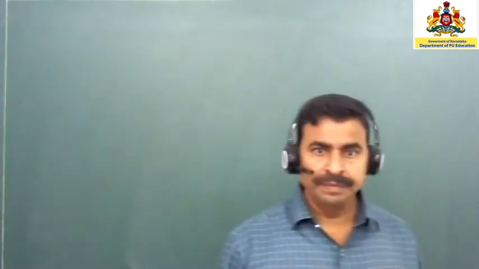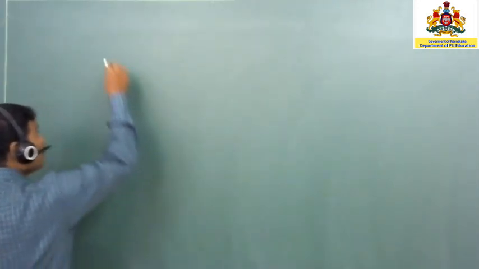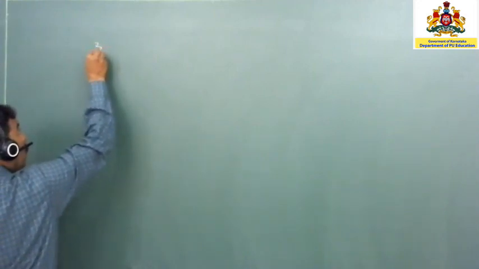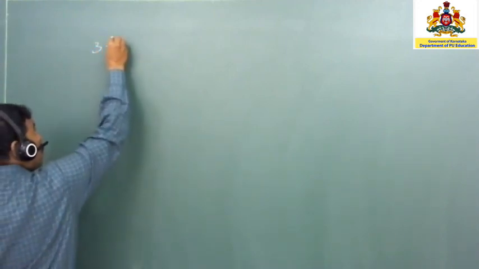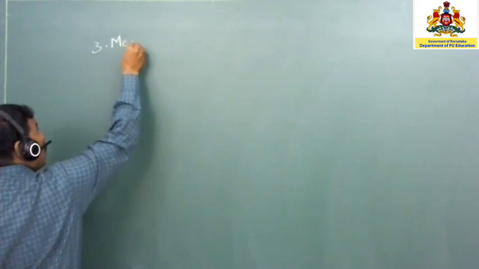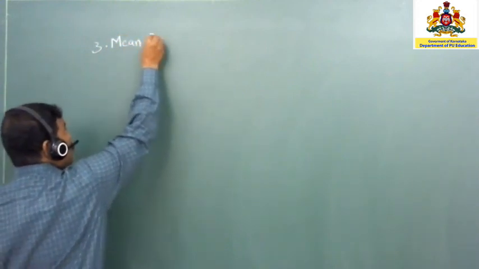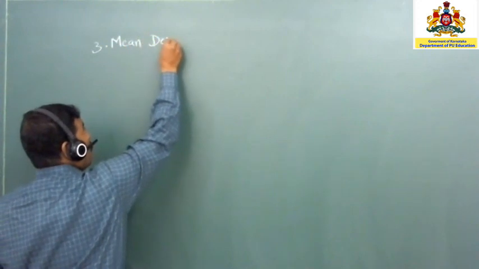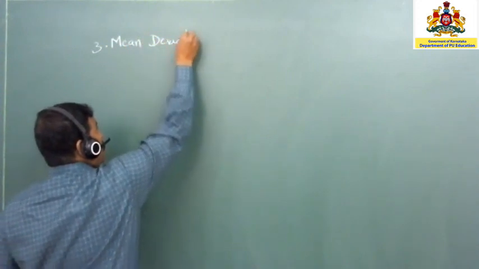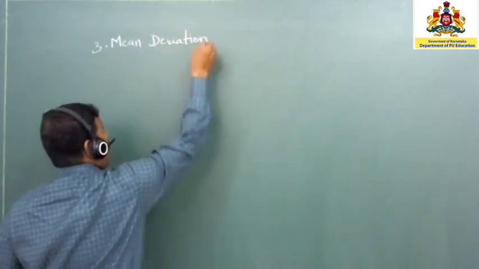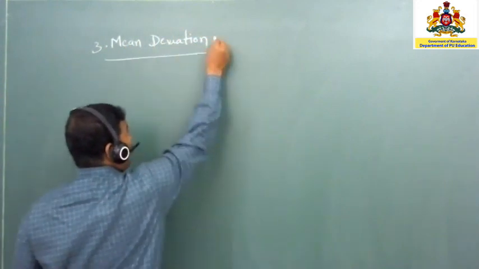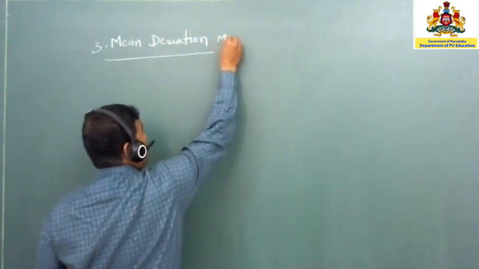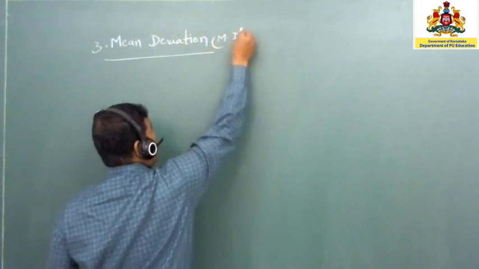It is the third measure of dispersion, mean deviation. Short form is MD.